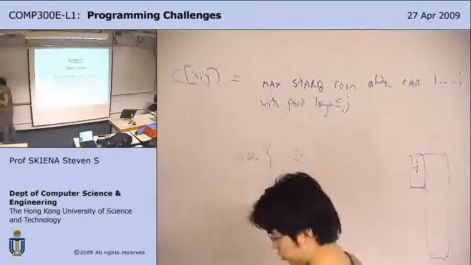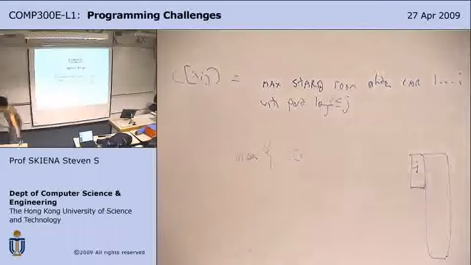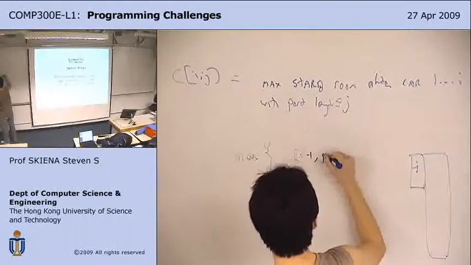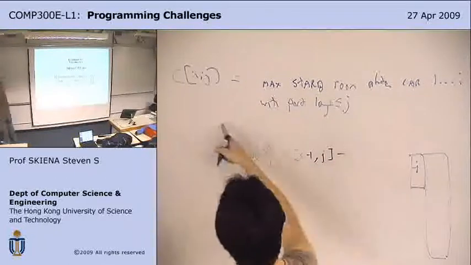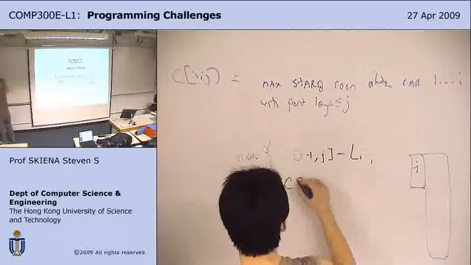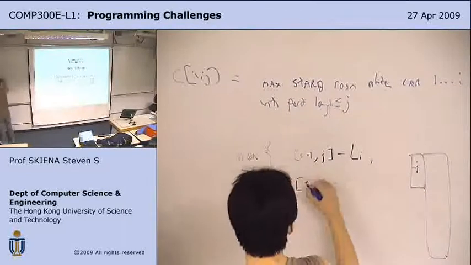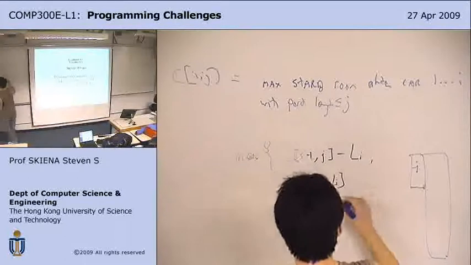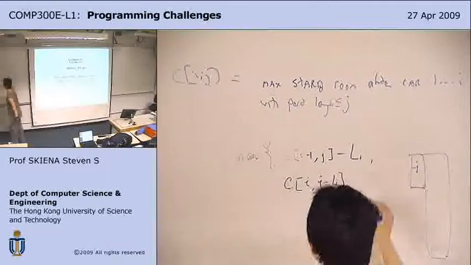Okay, try this. Throw that one out. Use this one: i minus 1, J minus Li, or C i J minus Li. Of course, this must be larger than 0.